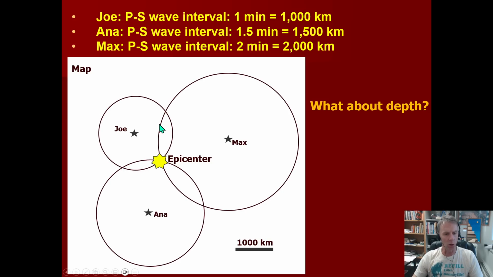If you consider Joe's location and Max and Anna's location, and think of these circles not as circles, but as three-dimensional spheres, then not only do we have an epicenter, but we would also have a focus as well. We would actually know where in the Earth, at what depth, this earthquake took place. So that's a little bit on how we locate earthquakes using seismic information.